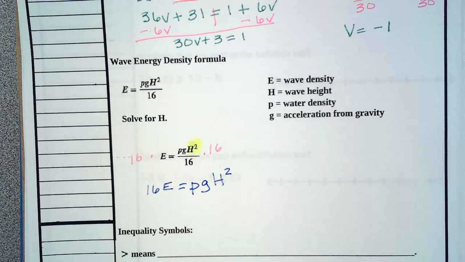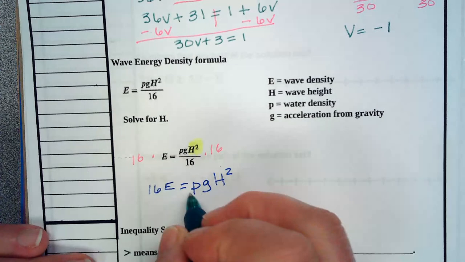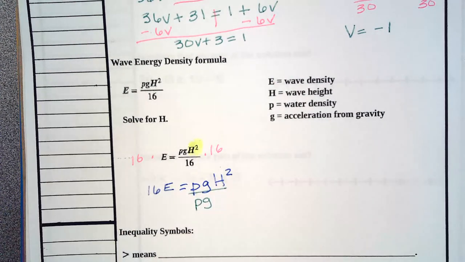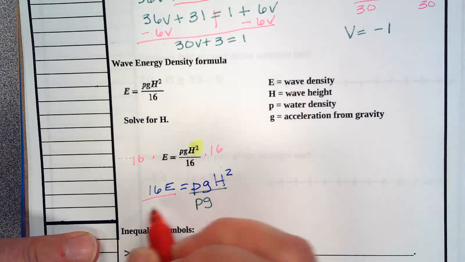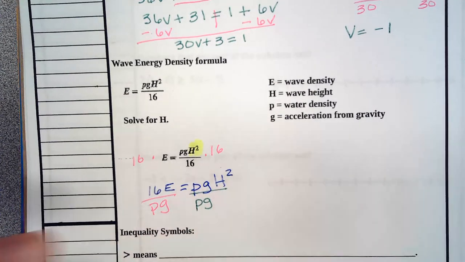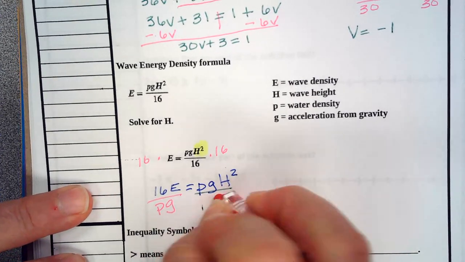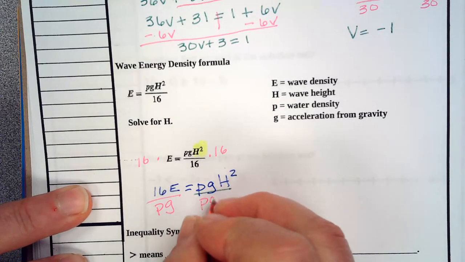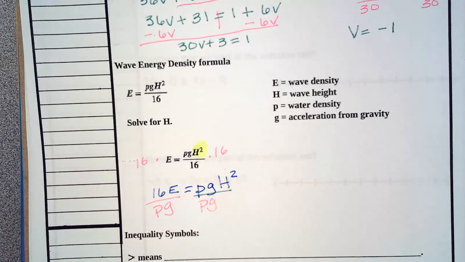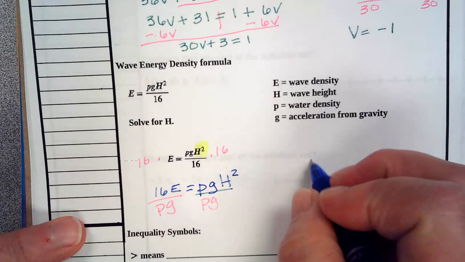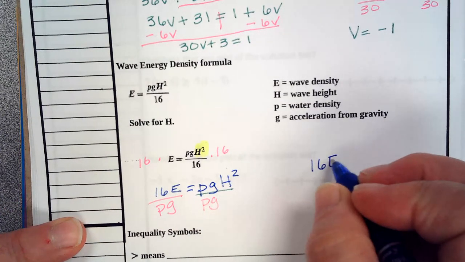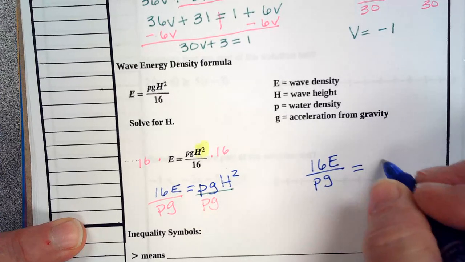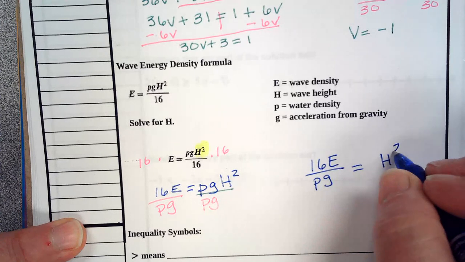The opposite of multiplication is division. So I will divide both sides by P and G. Okay, that gives us 16e divided by PG is equal to H squared.